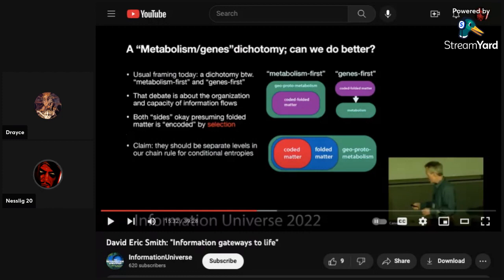And what he's basically saying is that first, protometabolism gives you some structure that has very low degrees of freedom, still with some leeway of course, but then that gives rise to matter that is folded before you get coding that codes for these structures. So that's very interesting.